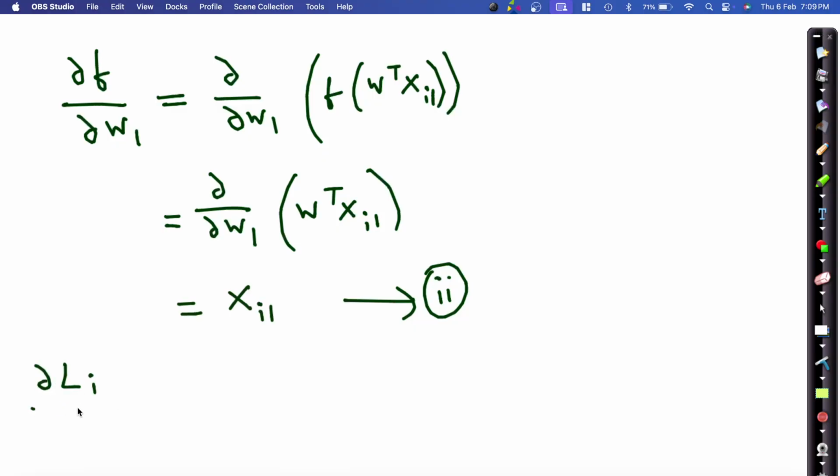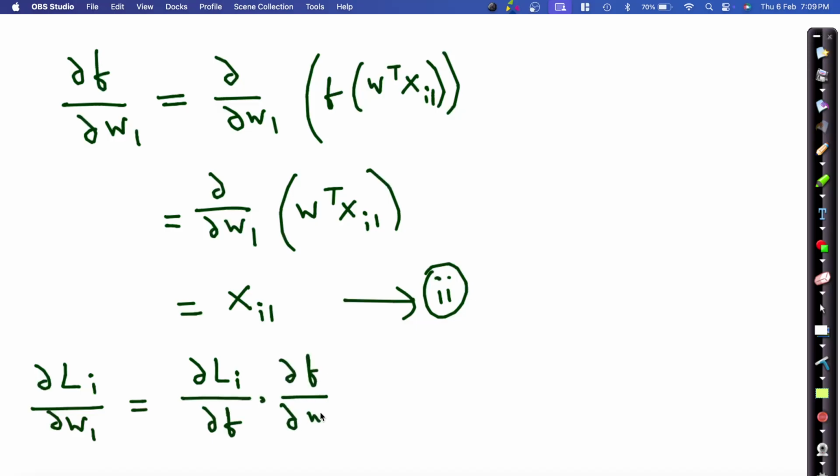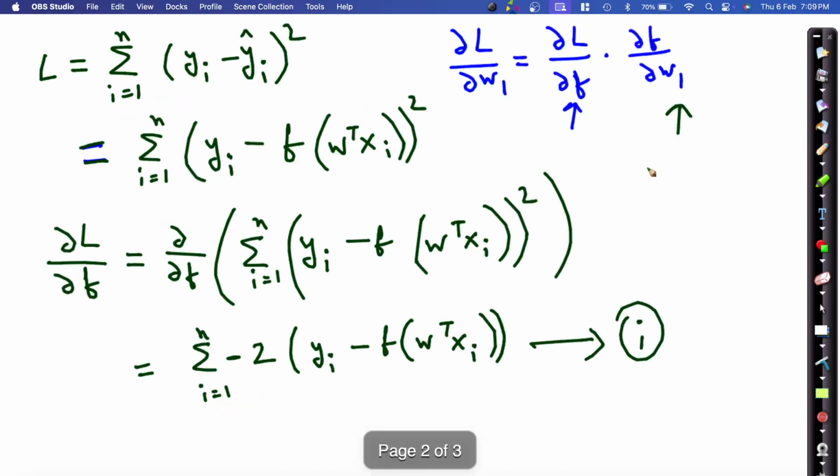So now let me write it for the ith point. Okay, so loss for a single point. We need to find the loss for all the points, right? So loss for a single point is nothing but dou Li by dou F multiplied by dou F by dou W1, which in turn is nothing but minus 2 into yi minus yi cap, right? We can see it from here.